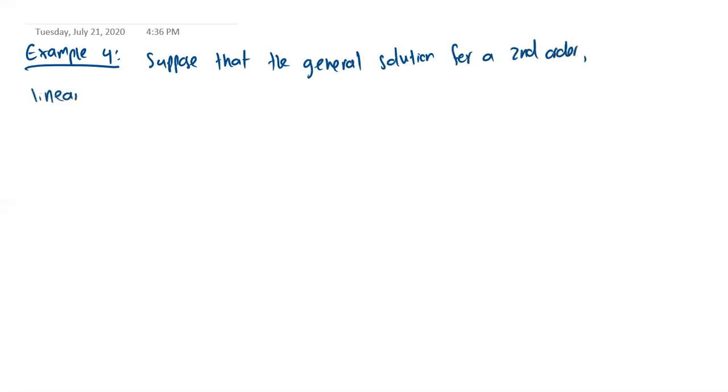Suppose that the general solution for a second order linear... No. Let me write it differently. I think if I write it like that, it's gonna sound a little bit confusing.